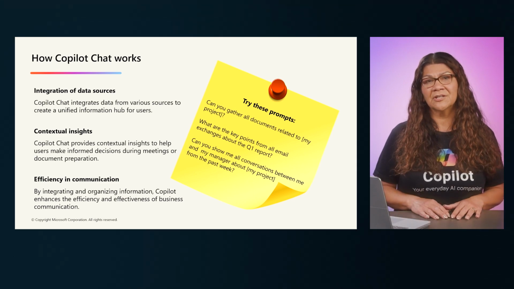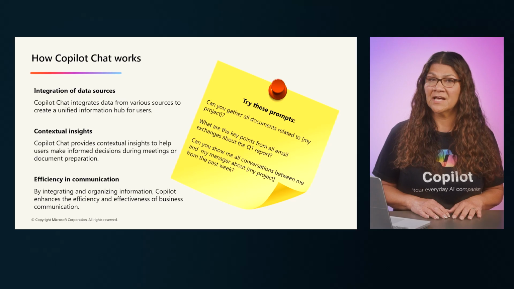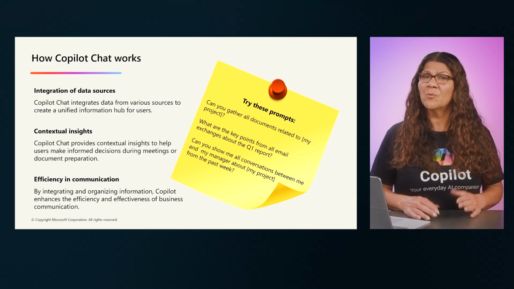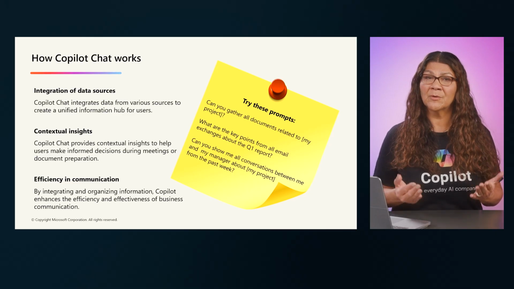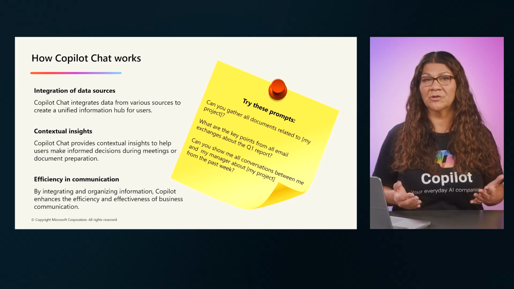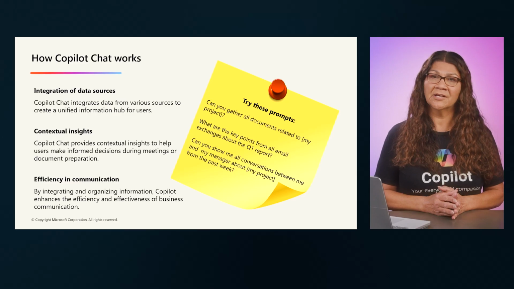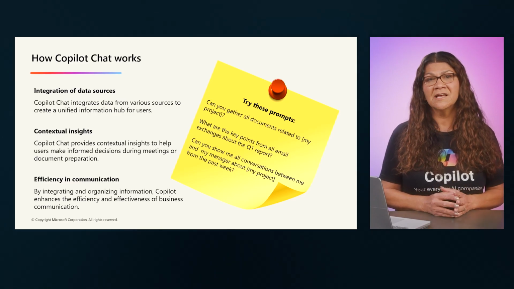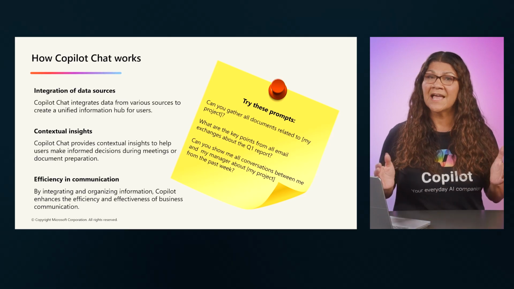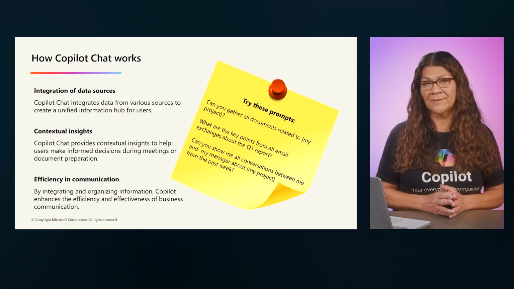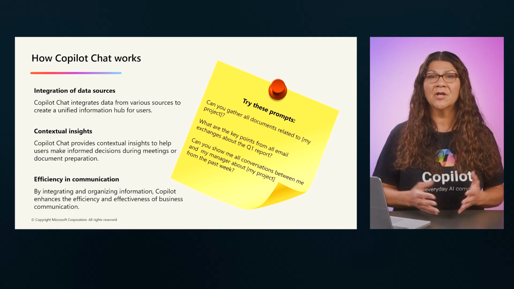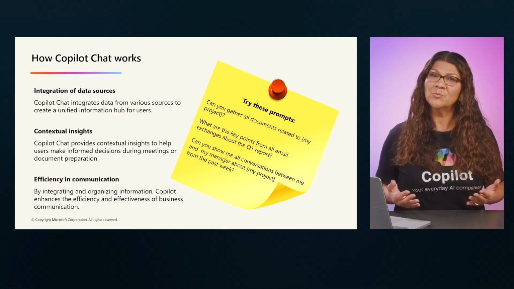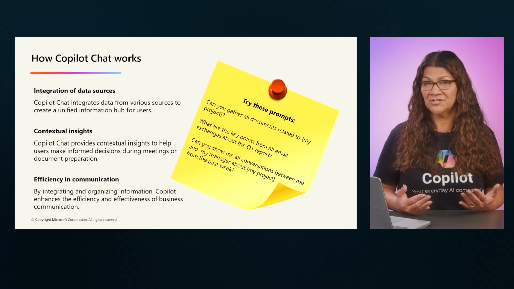Beyond integration, Copilot provides contextual intelligence to help you make better decisions. When you ask, "What are the key points from all email exchanges regarding the Q1 report?" Copilot synthesizes conversations, files, and meeting notes to give you a complete, accurate, and structured summary. This is especially powerful before meetings, during content creation, or when onboarding to fast-moving initiatives.